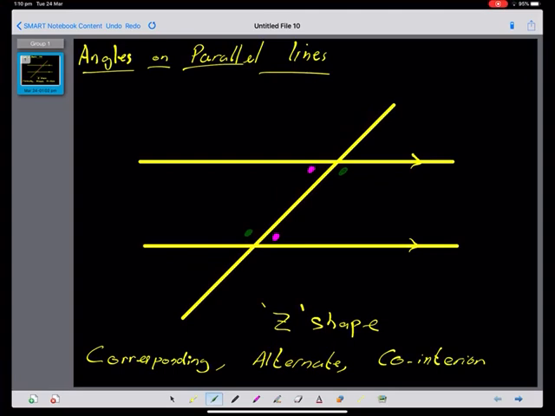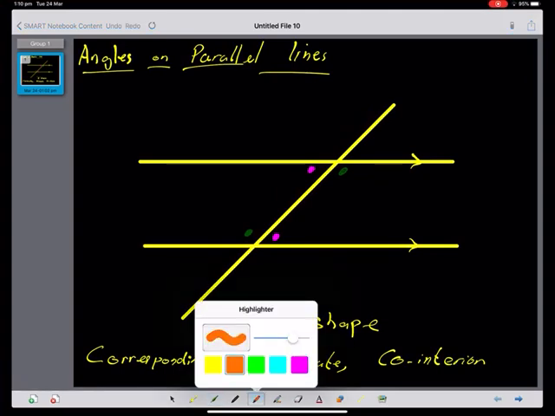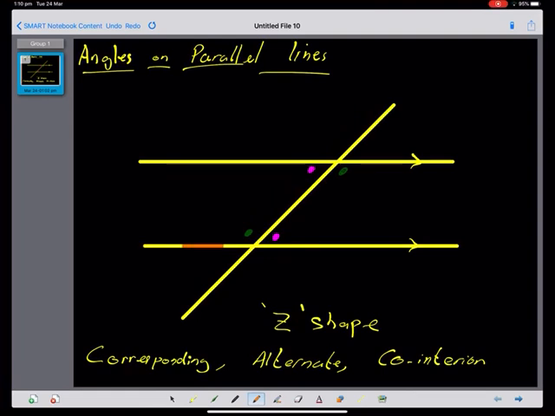And let's do the Z shape. This is the Z shape here. Okay. Now let's use some pronumerals, and you can find the pronumerals.